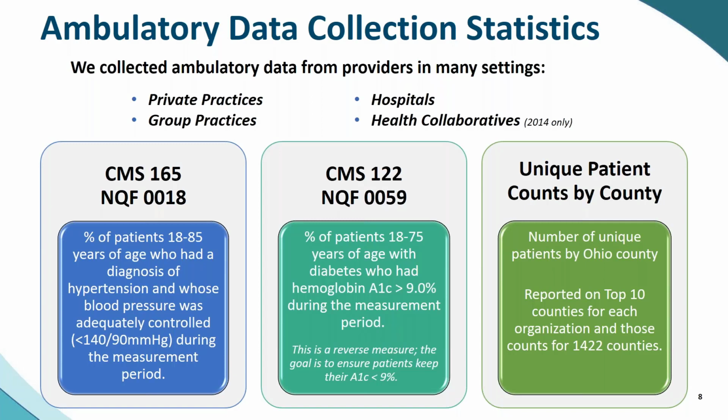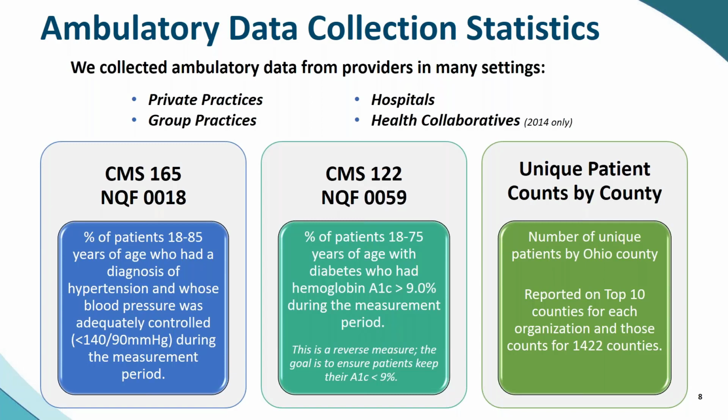We specifically looked at data on NQF 18 and NQF 59. NQF 18 was the number of patients 18 to 85 who had a diagnosis of hypertension and whose blood pressure was adequately controlled during the measurement period.